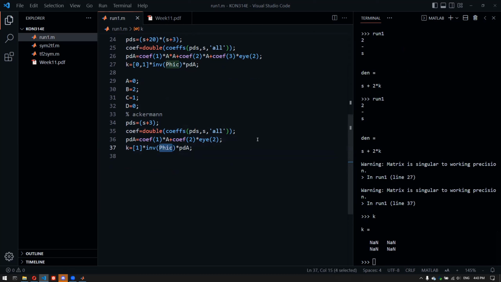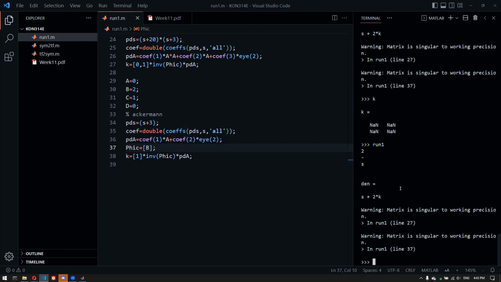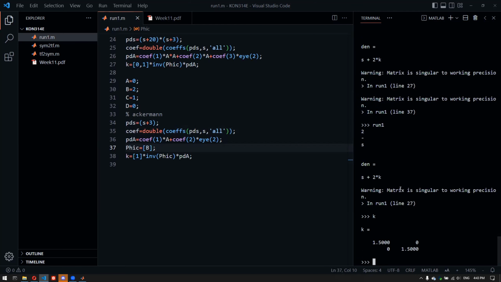Phi c should also be updated, by the way, because we have a scalar one. This is going to be B. PDA is this one here. Phi c is this one here. Yeah, why don't we get what we want?